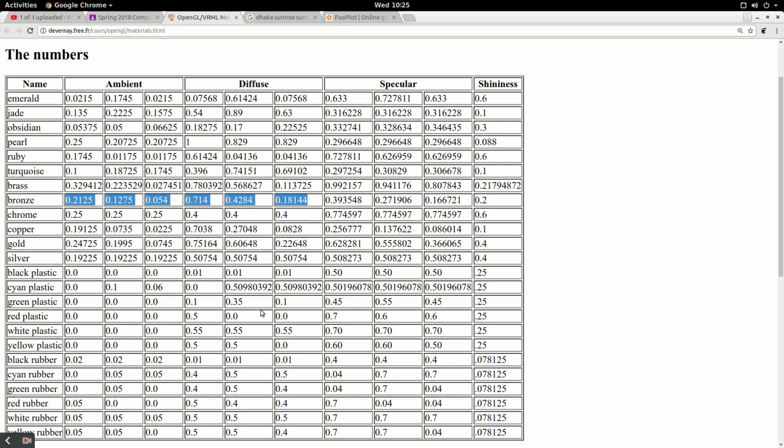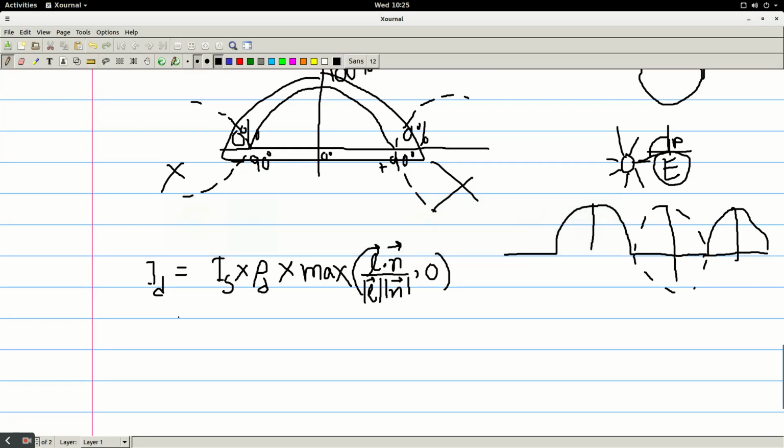But is this thing clear? We can read up these values from the table to get the ambient reflection or the diffuse reflection coefficients and then plug them into our model. So that's two parts. The ambient reflection and the diffuse reflection for this particular model.